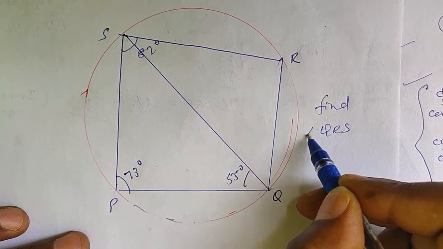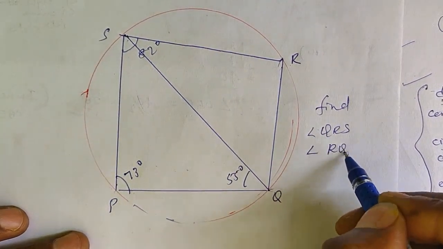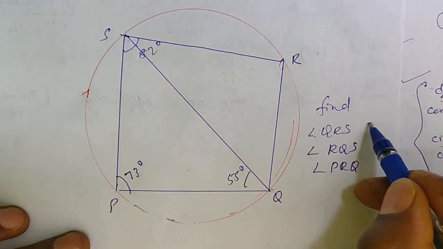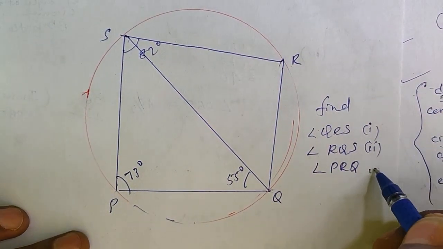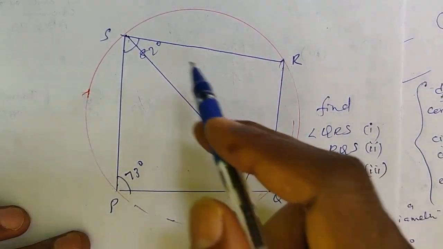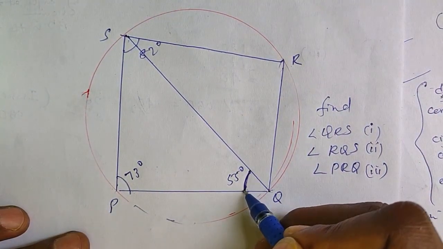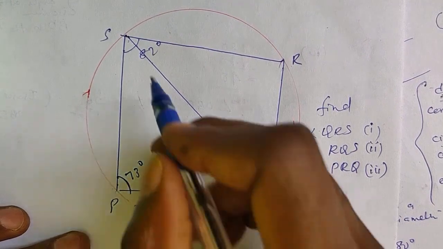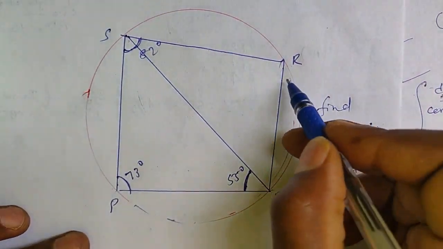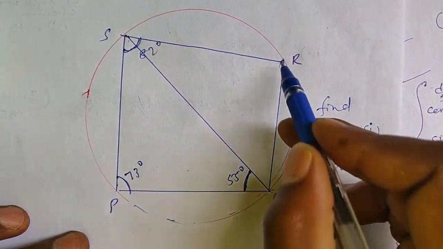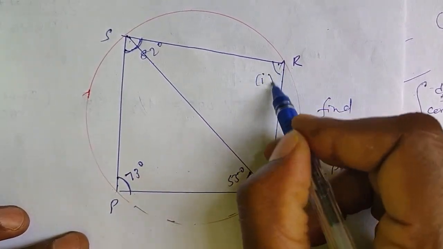QRS is the first sub question, second sub question RQS, and third sub question PRQ. These three sub questions are unknown. You find out. See, here only this much is 55, this is 73, this whole angle is 82, and the remaining is QRS. The first sub question is asked.